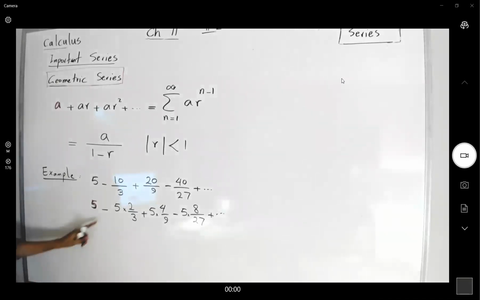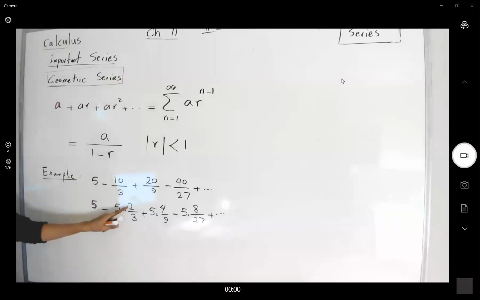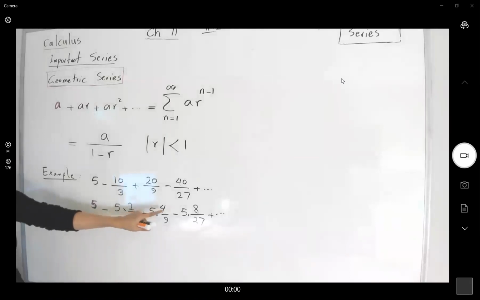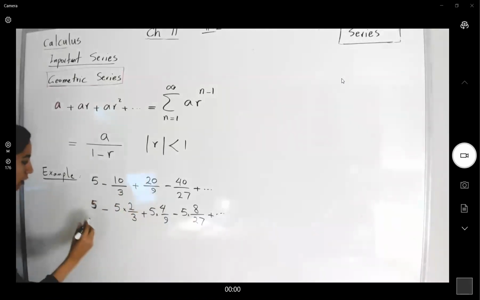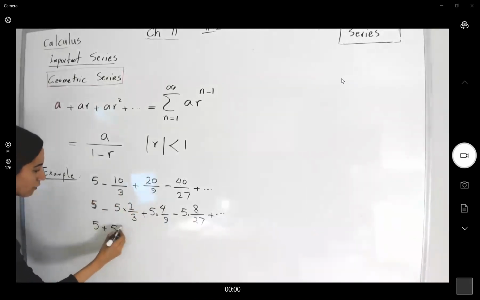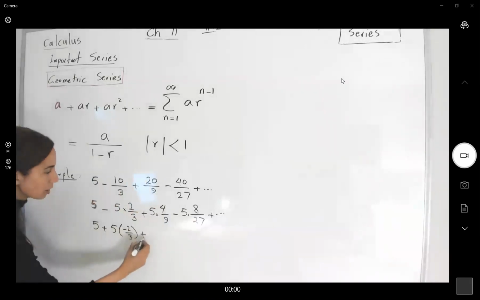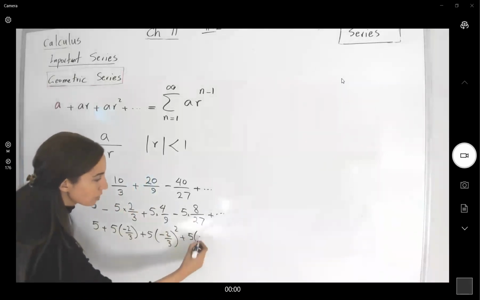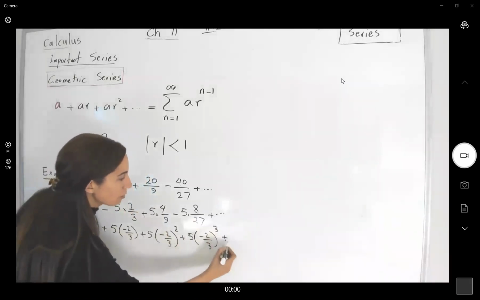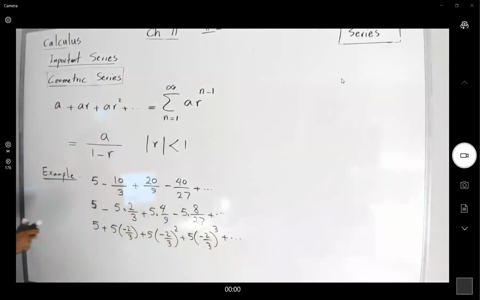If we move this negative sign next to 2/3, it is negative 2/3, then negative 2/3 squared, negative 2/3 to the power 3, and so on. So this can be written as 5 plus 5 times negative 2/3 plus 5 times negative 2/3 squared plus 5 times negative 2/3 to the power 3 plus the rest of the terms. So I have my A as 5 and my R is negative 2/3.